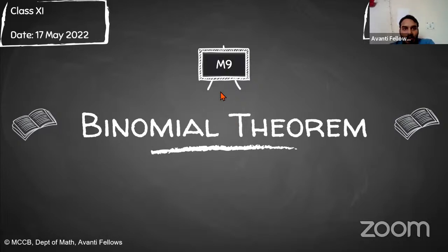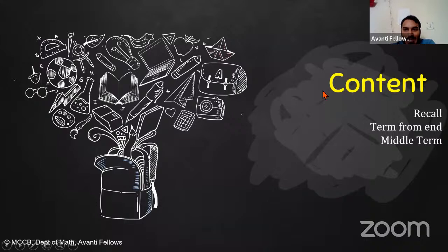Very good. So, students, in the last class, we were discussing the expansion of (x + y)^n and then the general term, right? So today, first of all, we are going to recall it. And then after that, we will solve again the question we were solving in the last class.